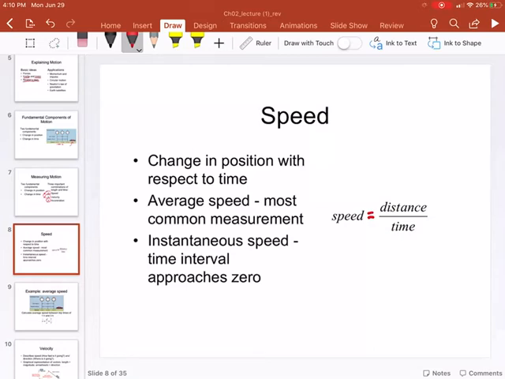So the symbol for speed is V, because speed and velocity are pretty similar. It's the same equation. So it's V is equal to D over T. Thankfully, those symbols are the same letter as what the word starts with. All right, so speed is equal to distance divided by time.